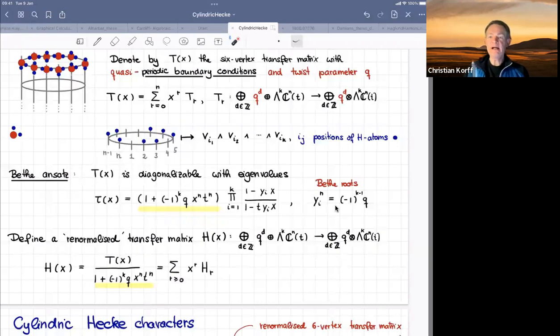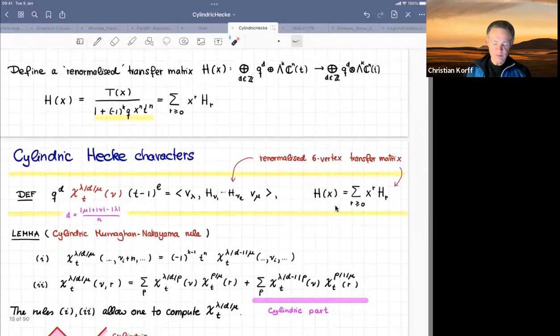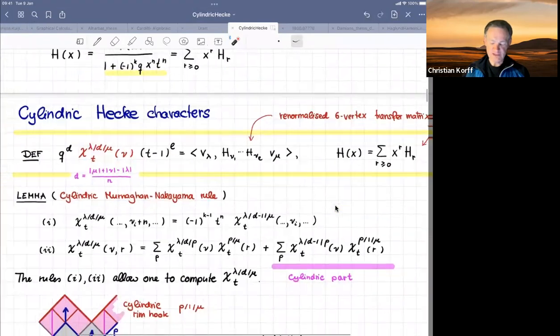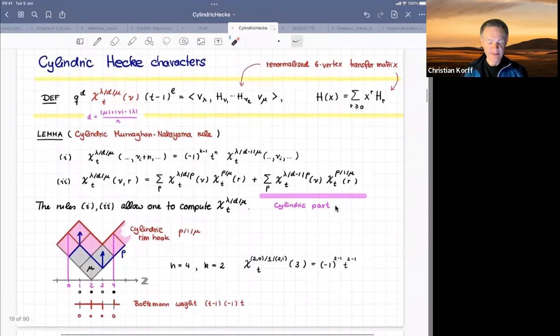So what I'm dividing out here is basically the possibilities of winding around the cylinder. Okay, so this is the renormalized transfer matrix, which I still owe you a better explanation for. So remind me if I should forget.